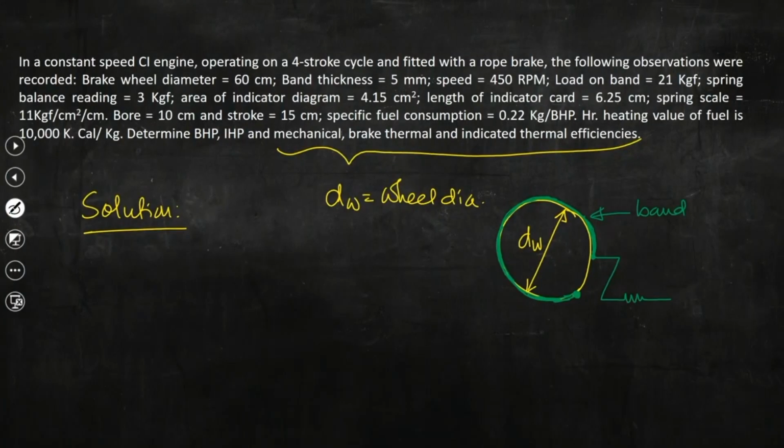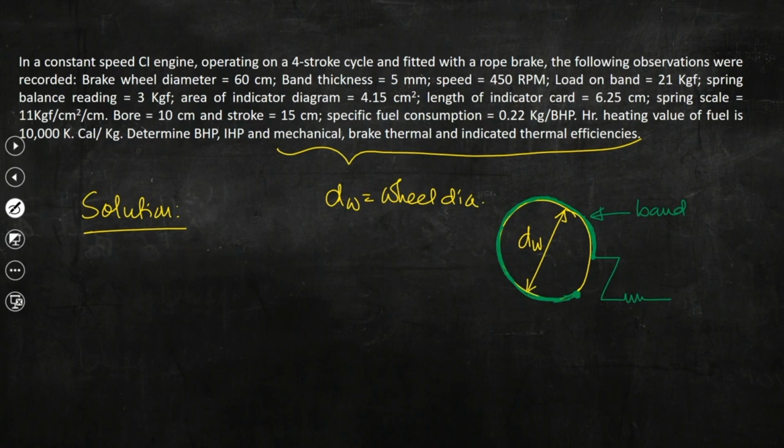Now, first we can calculate brake power, because this arrangement is to measure the brake power. What is the amount of work available at the shaft? As I said, the engine has reciprocating movement between two centers, BDC and TDC.